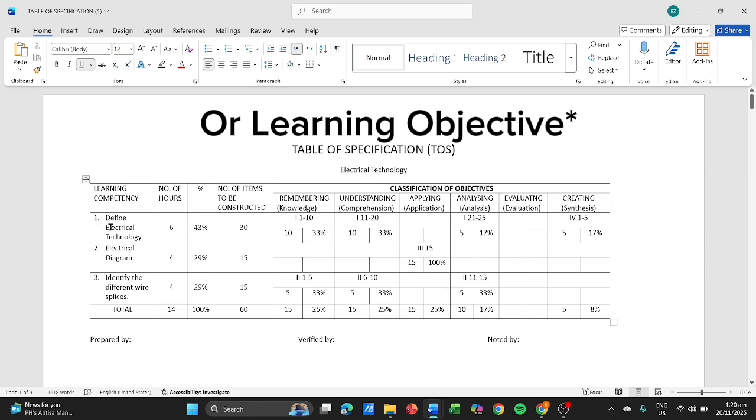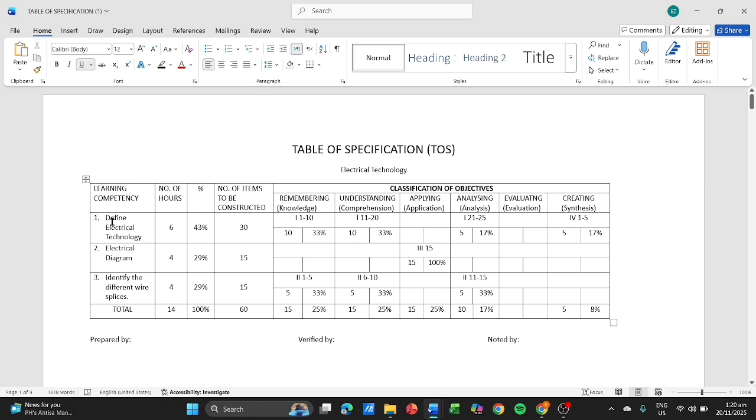As you can see, the first LC is 6 hours, then 4 hours, and 4 hours. So we have a total of 14 hours. So 6 plus 4, 10, and plus 4, 14. How did I come up with this? This is based on the lesson log or lesson plan.